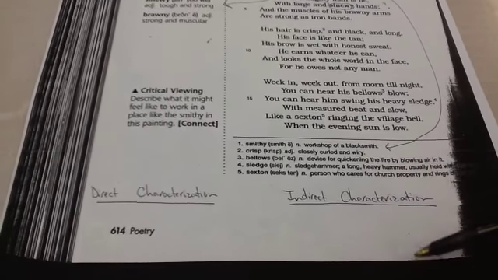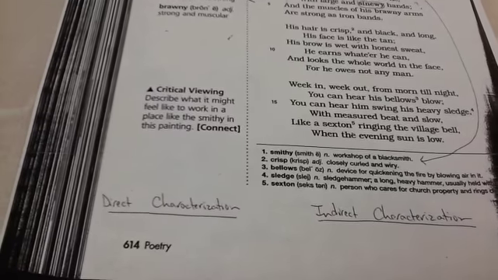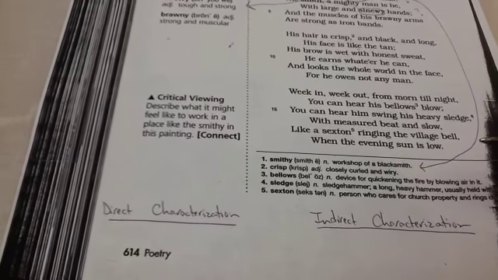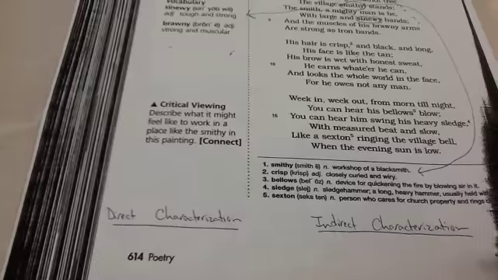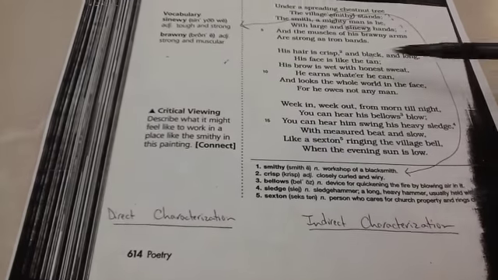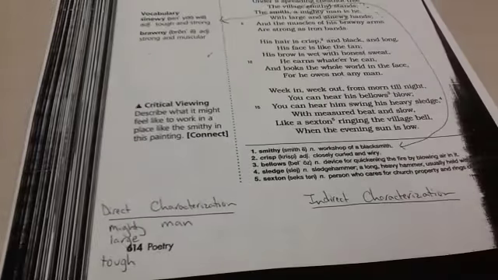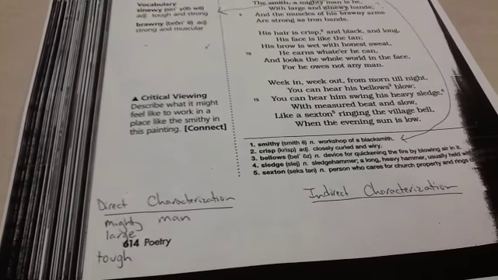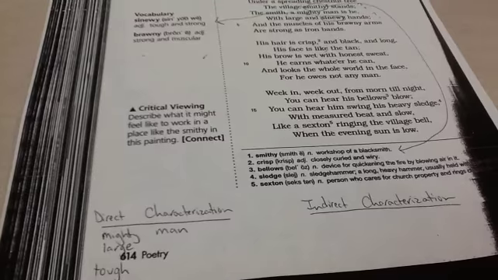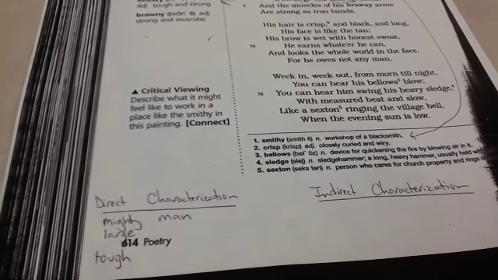This may really help me later on when I am asked to develop a theme about what's going on in this poem. It may not help me, but since I'm annotating, I just put everything down, all of the skills that I've learned. So under direct characterization, I have put this character is a mighty man, he's large, and he's tough.